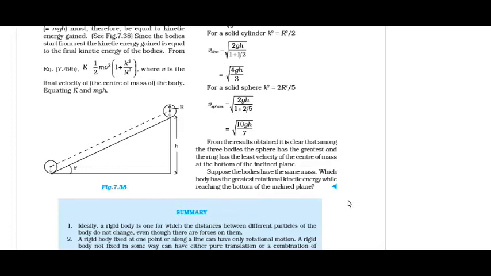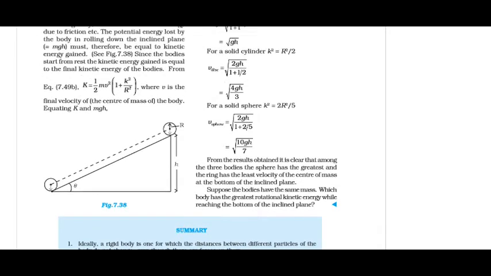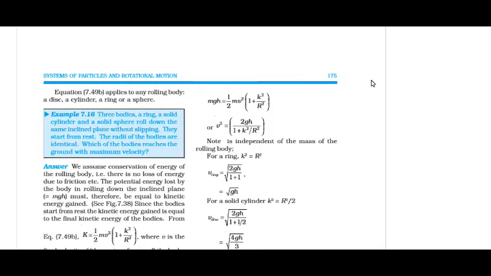Now, in the figure, it is clear that theta is the angle of inclination, h is the height, and r is the radius. So mgh is the potential energy. What is potential energy? Say this is the ground and you are holding a mass m at a height h, then energy is stored.